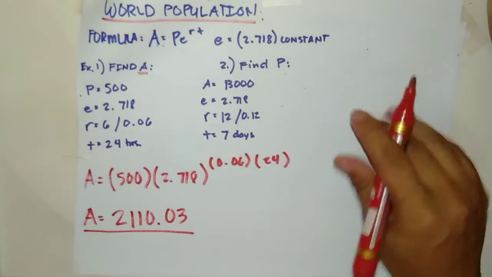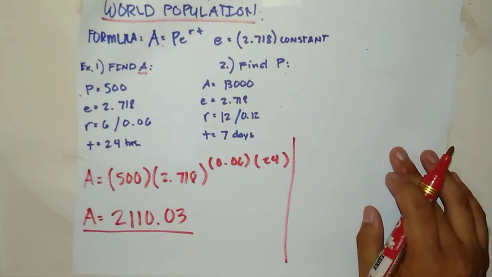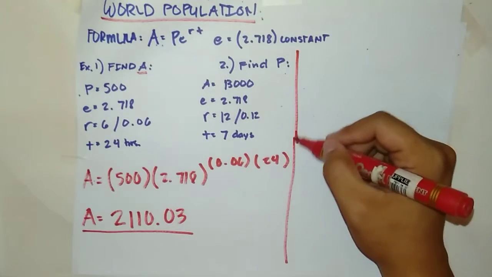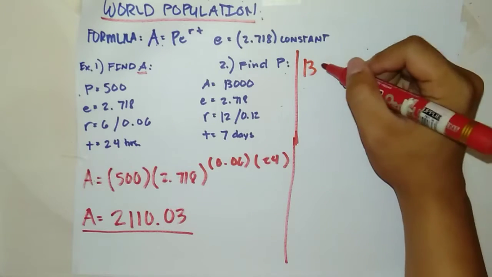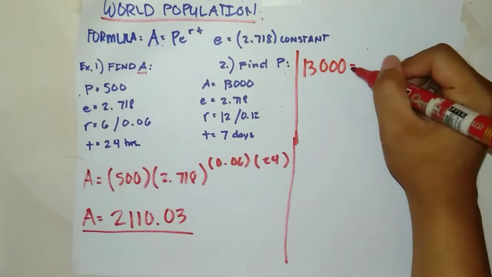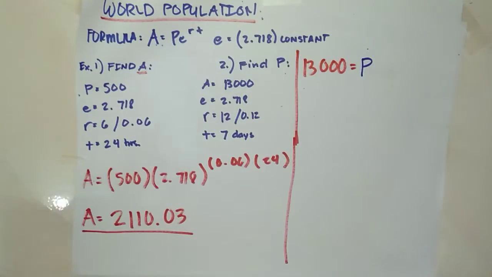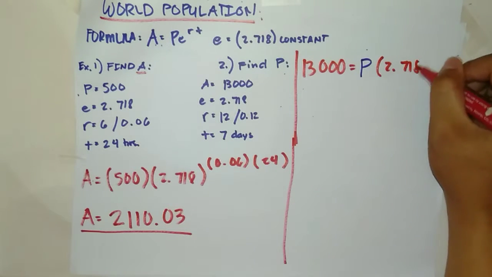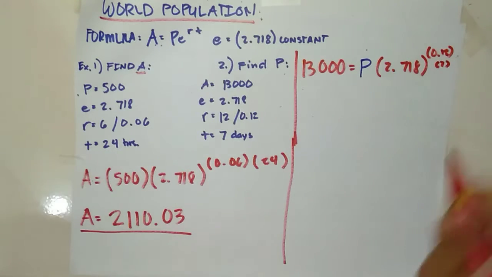So now let's proceed to number 2. In problem number 2, we're going to derive a formula. So first, let's substitute the values. A is 13,000 equals the missing value, which is P, times 2.718 raised to 0.12 and 7 days.